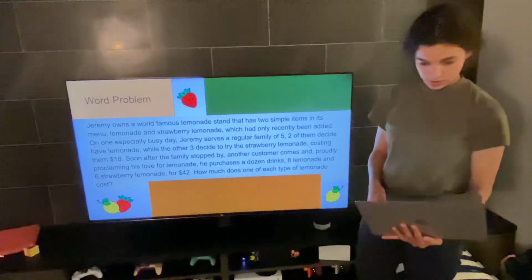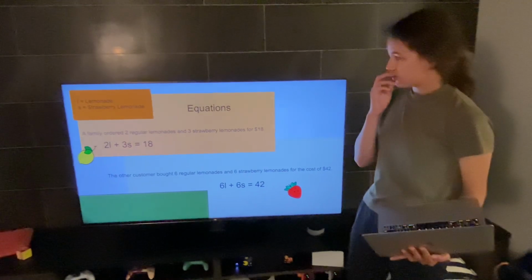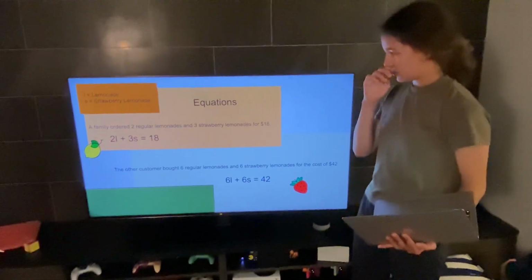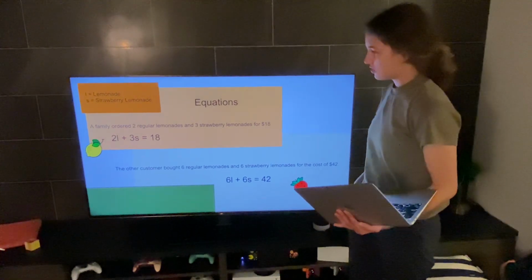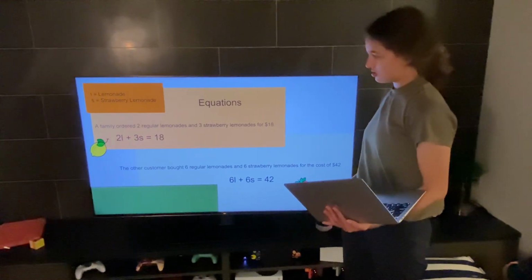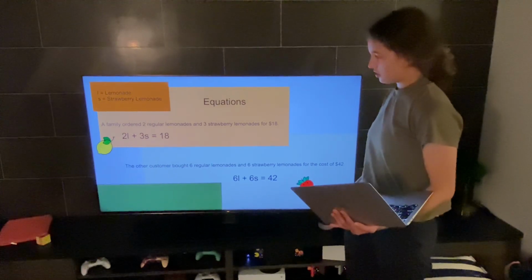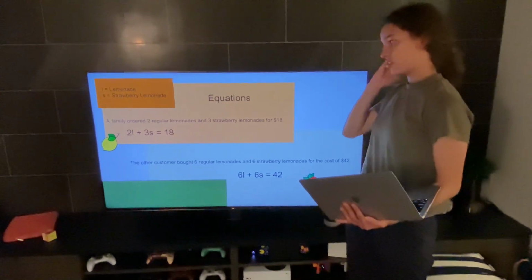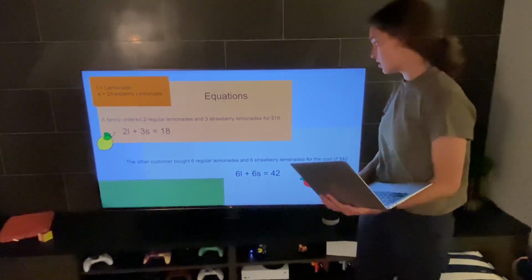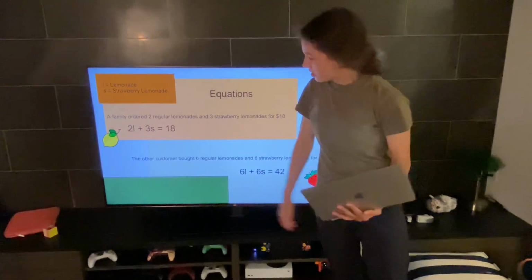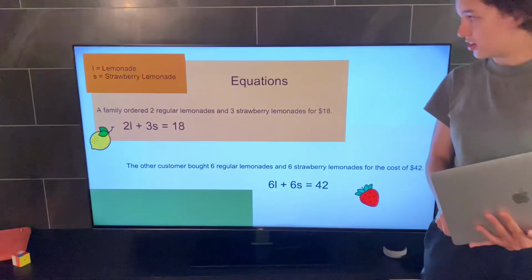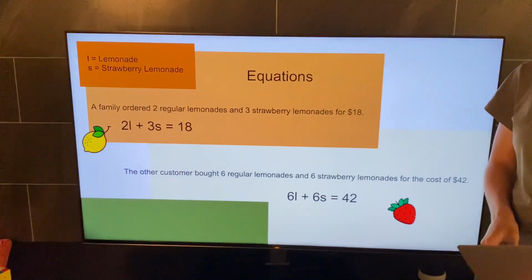So that's the problem. The first step is to turn the word problem into a set of equations. So the first equation is from the family that ordered 2 regular lemonades and 3 strawberry lemonades for $18, which would look like this. L is for lemonade and S is for strawberry lemonade.